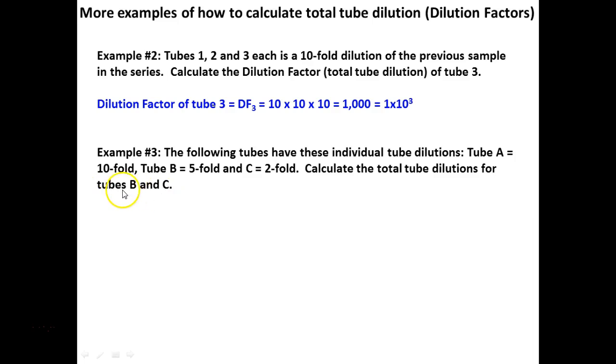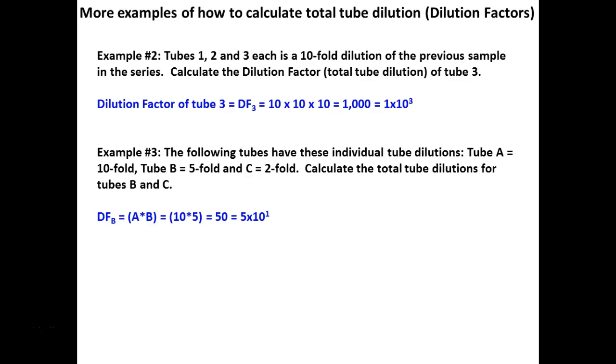How do you calculate the dilution first for B? What do you do? So the dilution factor of A is 10 and B is 5. What do we do with those two numbers? We got to multiply. We're not dealing with exponents, right? So we can't add, so we got to multiply. So the dilution factor for tube B is 50, right?